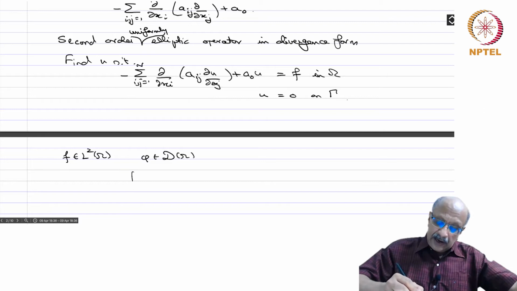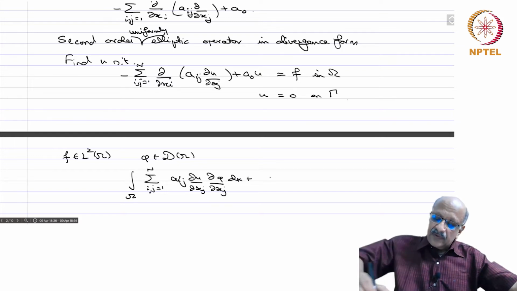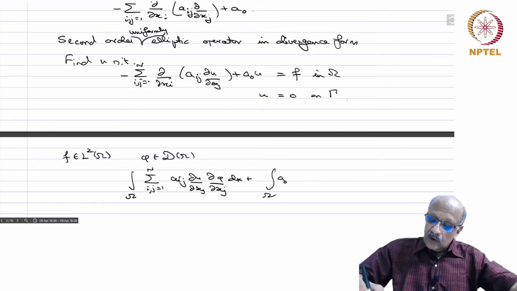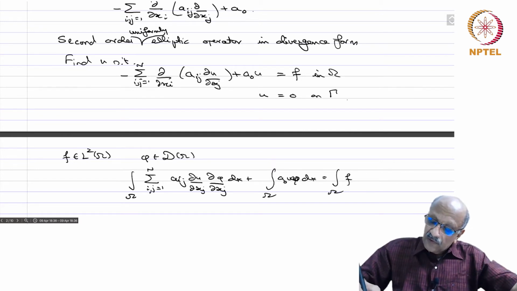So you will get integral on Omega sum over i, j = 1 to n of a_ij du by dx_j d phi by dx_i dx plus integral on Omega a_0 u phi dx equals integral on Omega f phi dx.